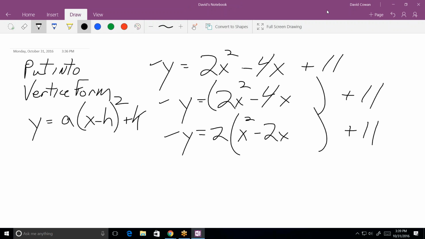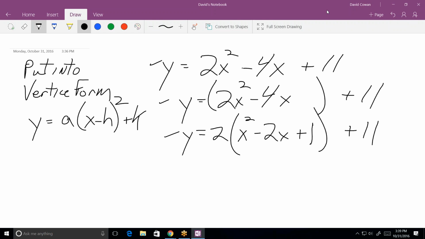Now, complete the square inside the parentheses. So you'd have to divide the 2 by 2, and then square it. Divide by 2, you get 1. Square that, I'm adding 1. Now, when I write that in there, what did I just do to the right side of that equation? Did I add 1?